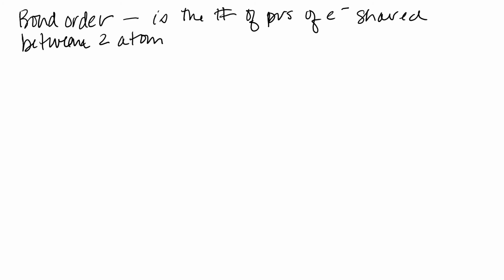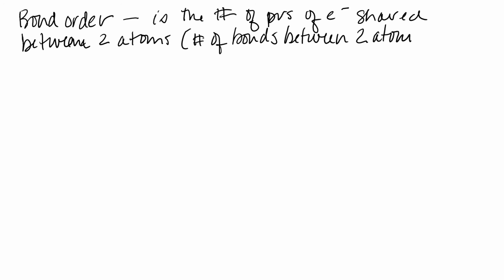So essentially what that means is the number of bonds between 2 atoms. And so this is a pretty easy concept to grasp.